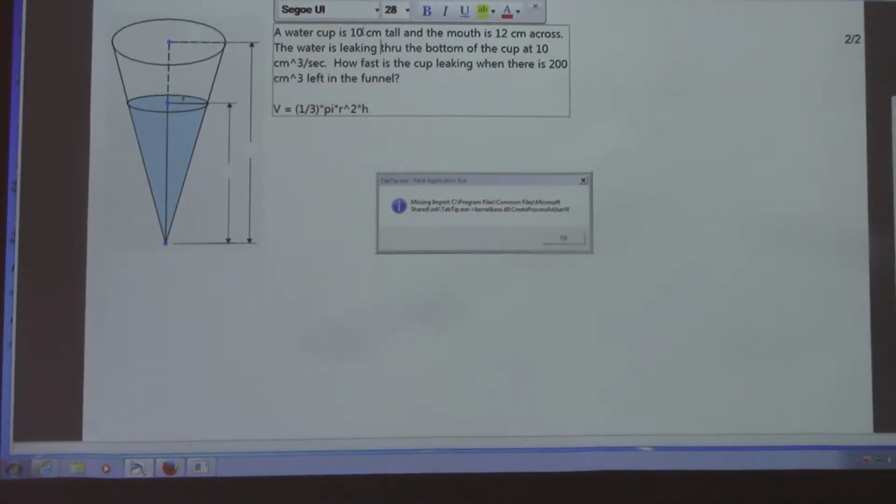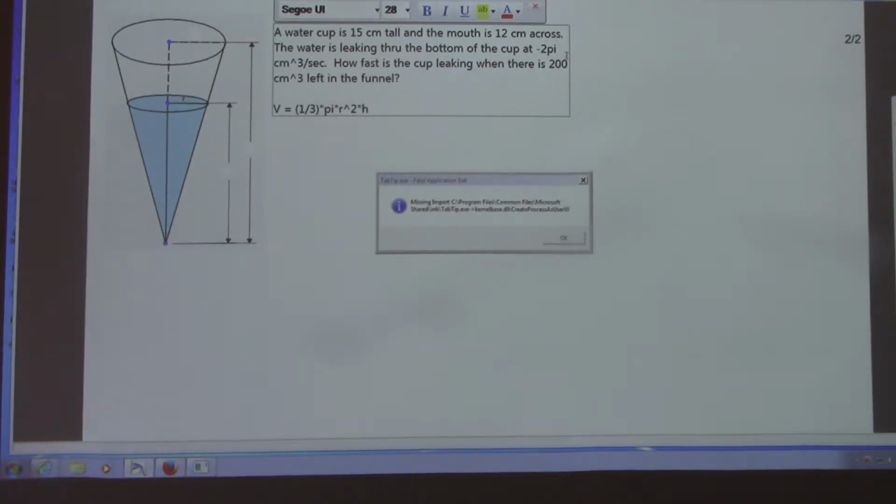The water cup is 15 centimeters tall, and the mouth is 12 centimeters across. The water is leaking at negative 2 pi centimeters cubed per second.